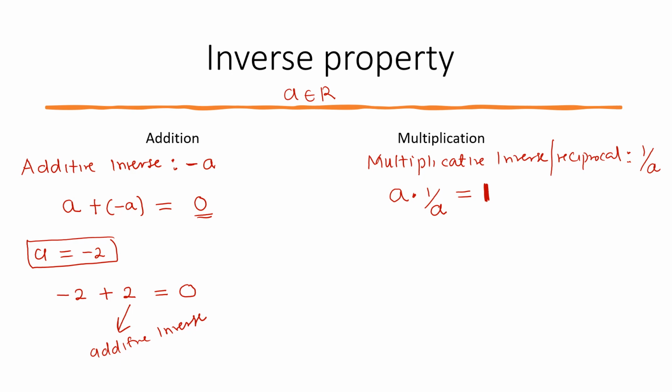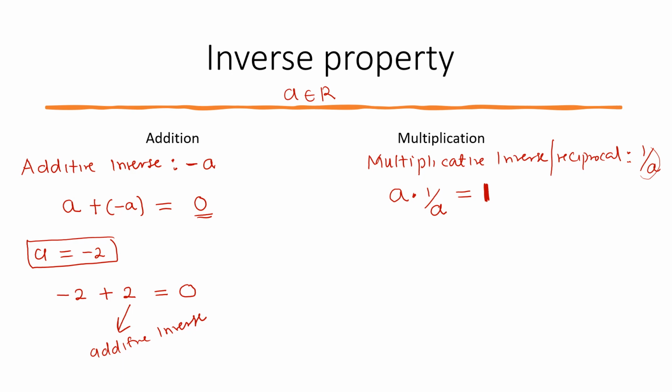But here we have to be careful that not all real numbers have a multiplicative inverse. For example, if a is 0, 1 over 0 is not defined. So 0 does not have a multiplicative inverse. So take note, not all real numbers have a multiplicative inverse.